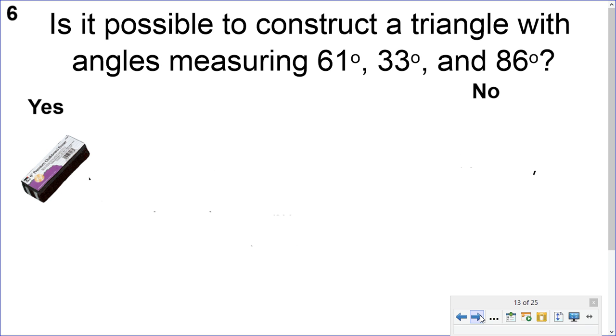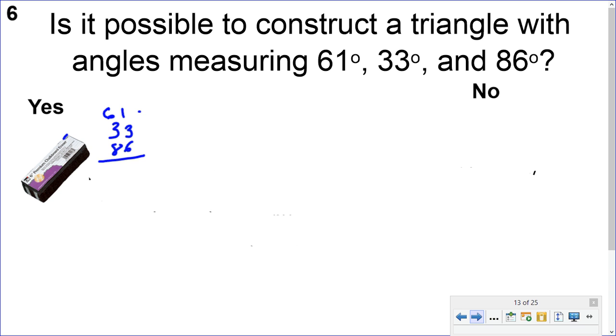So, is it possible to construct a triangle with angles measuring 61, 33, and 86? Well, we just learned that all the angles in a triangle have to add up to 180, so let's add it up. 33 and 86.